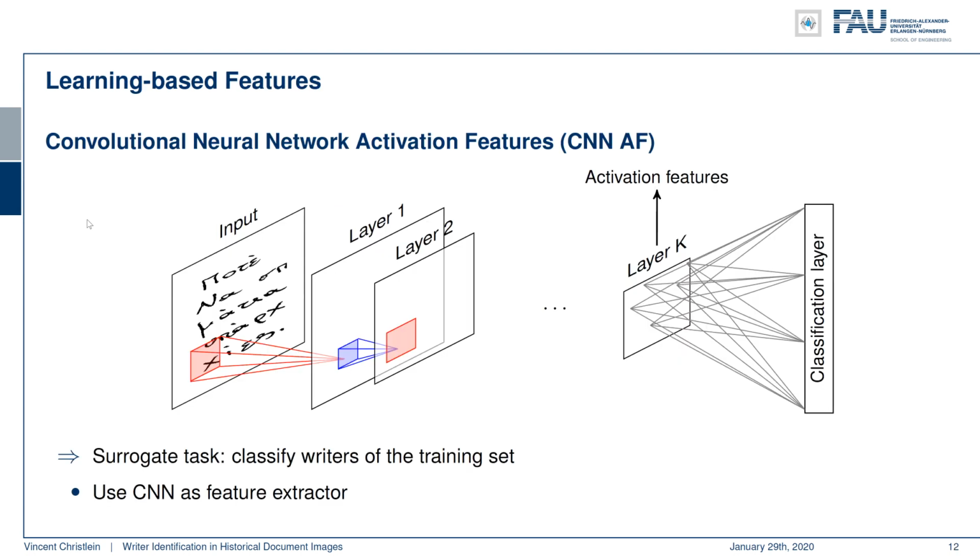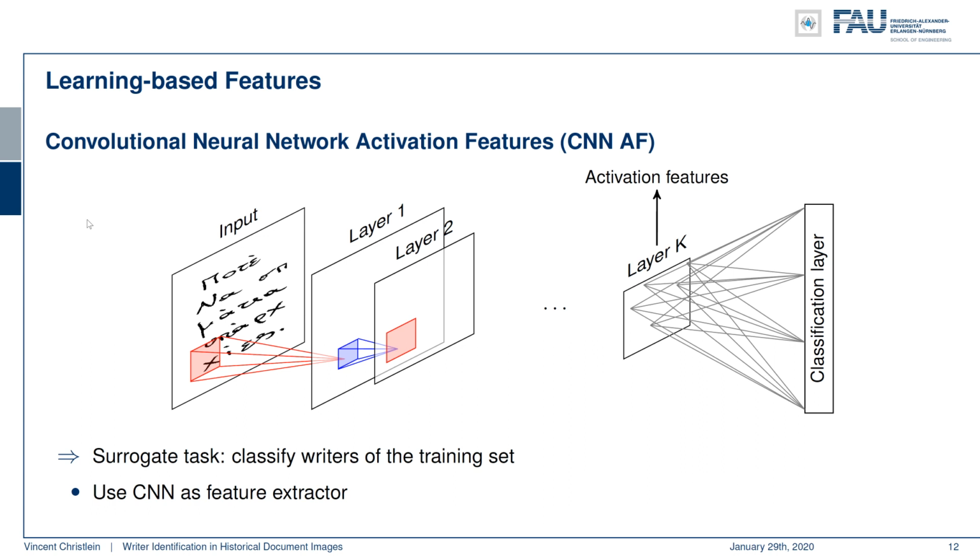Just a word on the learned features. Typically we have a neural network which is based on several layers, and then we often take the activation features from the last layer. If you have a specific writer you want to look at, then of course you can also directly train for that writer.